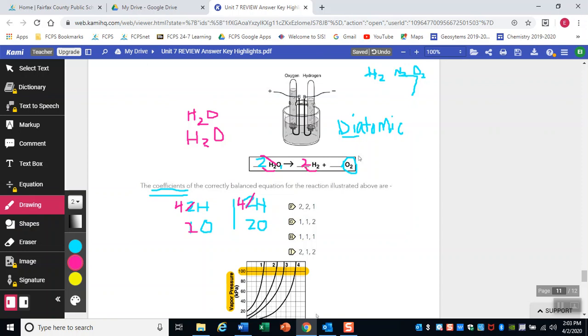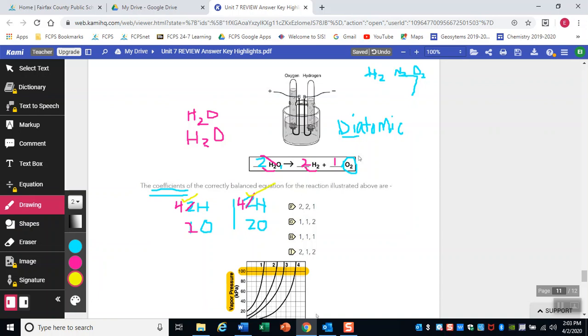All right, now the last thing you always do is check your answers. So I'm saying this would be a 1, right? I have 1 mole of oxygen because I didn't put anything there. All right, so 2, 2, 1. So let's just check and make sure that that is definitely balanced. So I've got 2 times 2 is 4, check. 2 times 2 is 4, check.